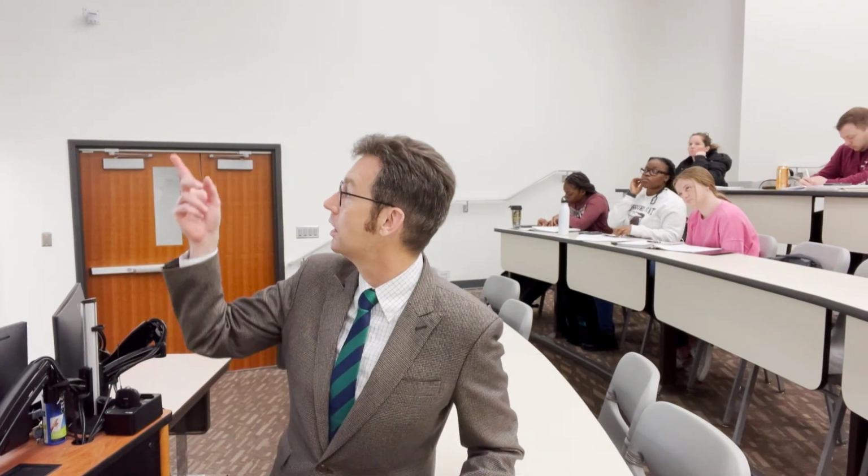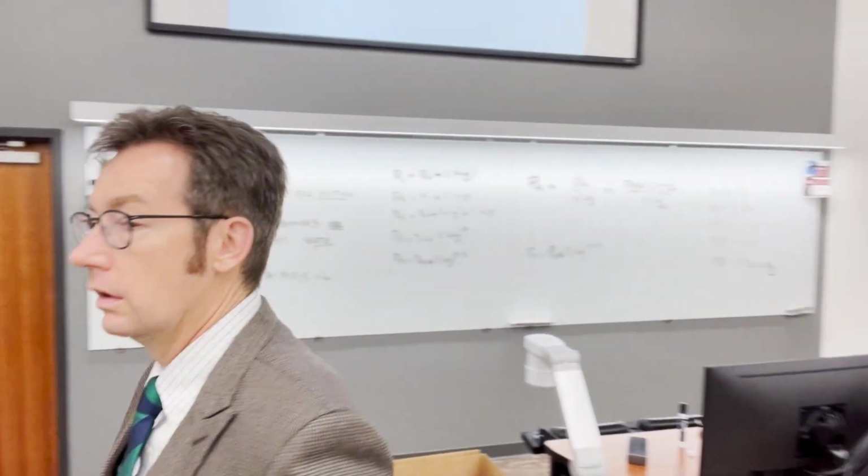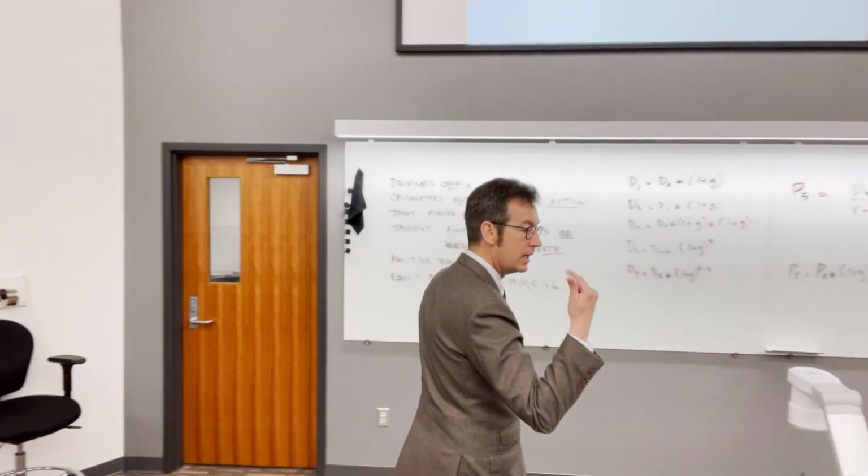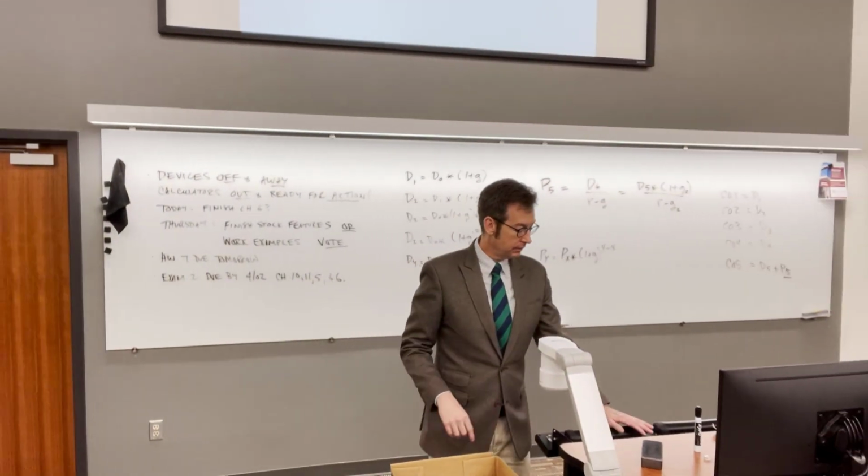Or maybe I'm even meaner than that, and instead of giving you equity multiplier, I give you debt to equity ratio. What would you do? Add 1. Yeah, you just add 1, right? So there are many ways that this could be made difficult, but you just go through the steps to get it boiled down to b times ROE. Okay, so those are our 2 ways that we can estimate g.